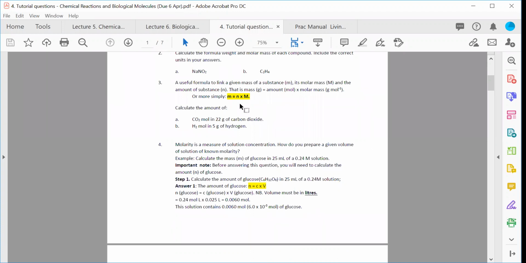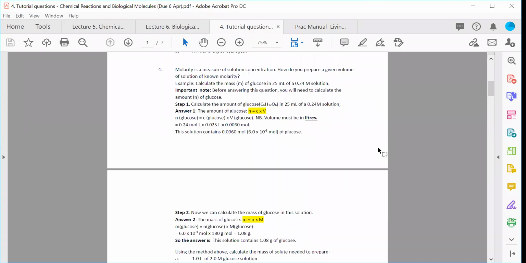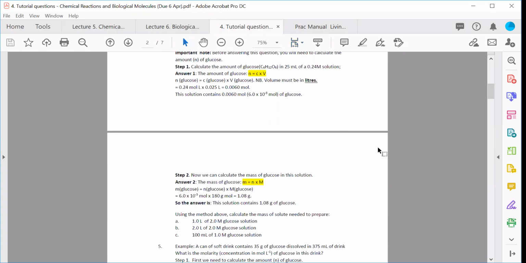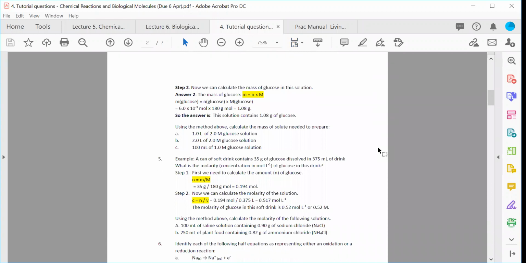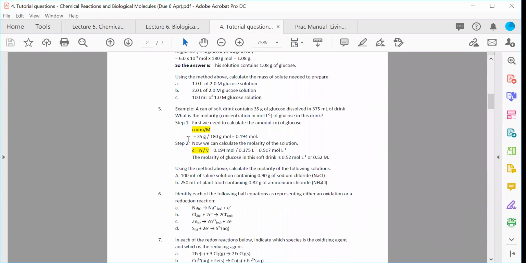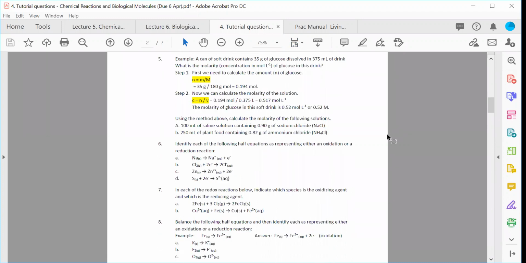Then we have our molar mass formula, our molarity formula, molar mass, some rearranging of equations and using two equations to solve one problem. In other words, step one, using one equation, step two, using another equation.